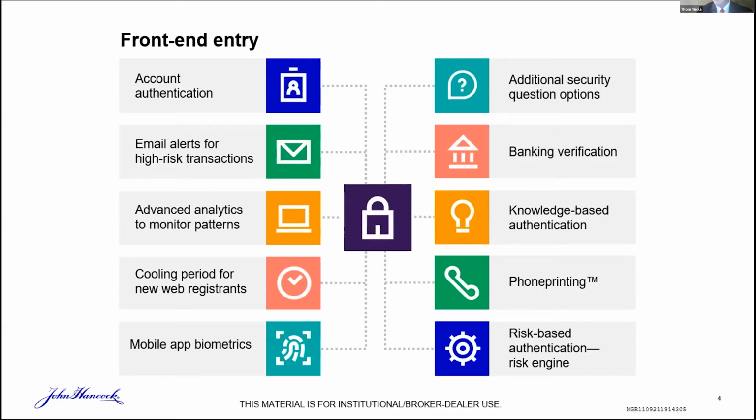Some of the items I just wanted to cover on the right-hand side is banking verification. We are using a third party, and that third party is able to verify in a pretty high percentage of banks whether Tom Shola's name and information is on a bank account that I'm transferring funds to.